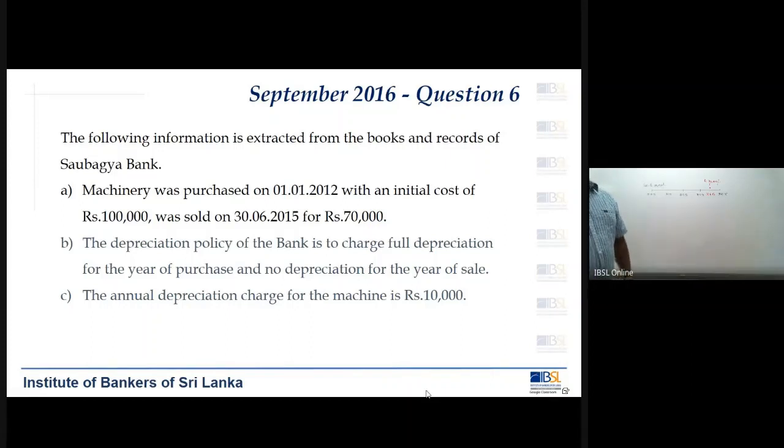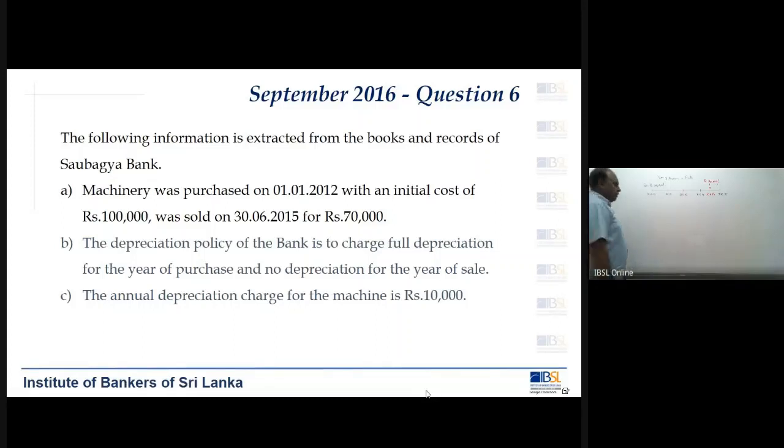Right. The second point is very important. The depreciation policy of the bank is to charge full depreciation for the year of purchase, and no depreciation for the year of sale.